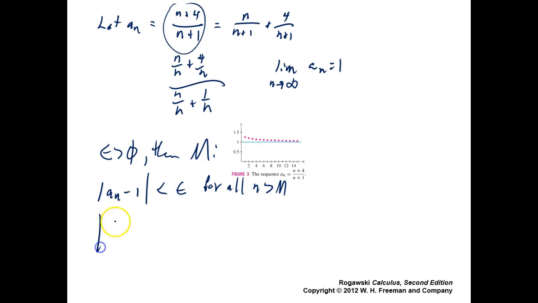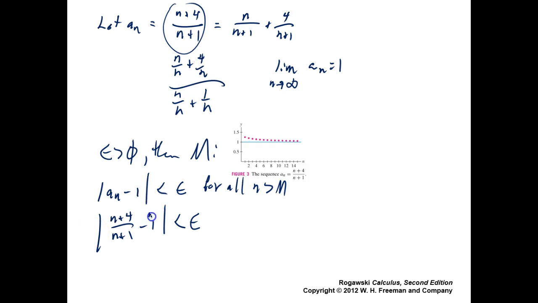So this will be the absolute value of n plus 4 over n plus 1 minus 1 less than epsilon for all n greater than some value m. Okay? Now, what you need to do is put this over the same denominator, right? In order for you to do that subtraction.